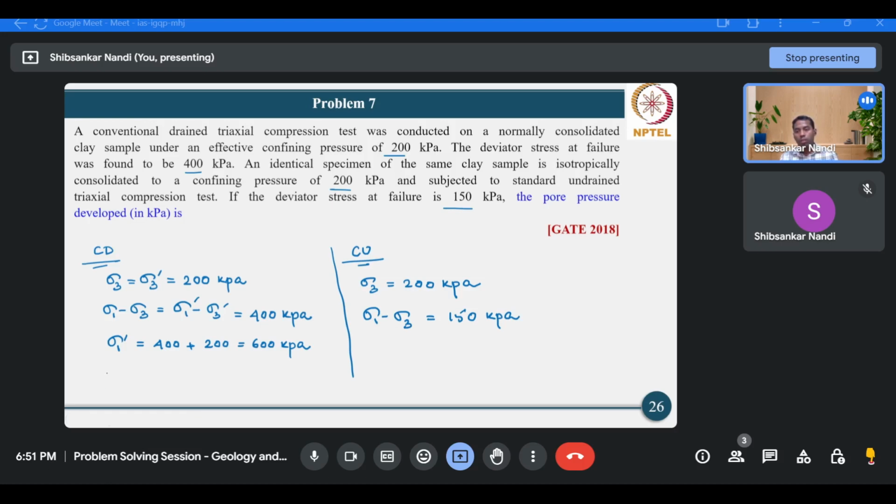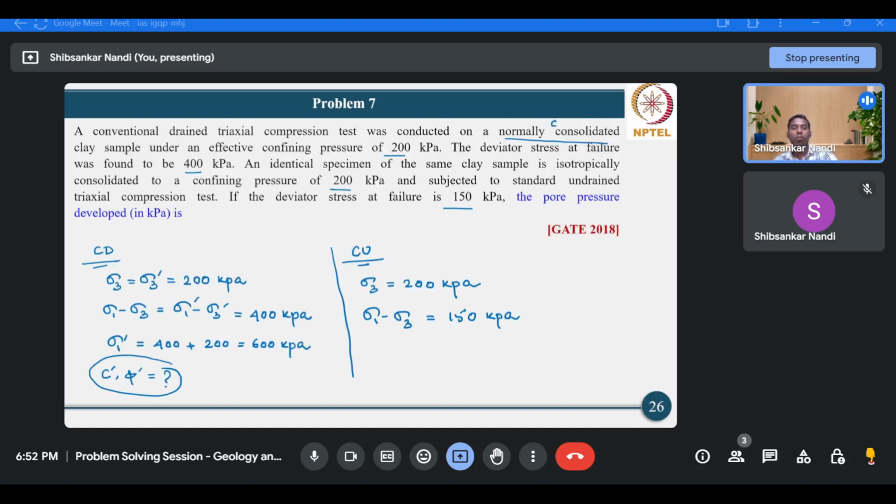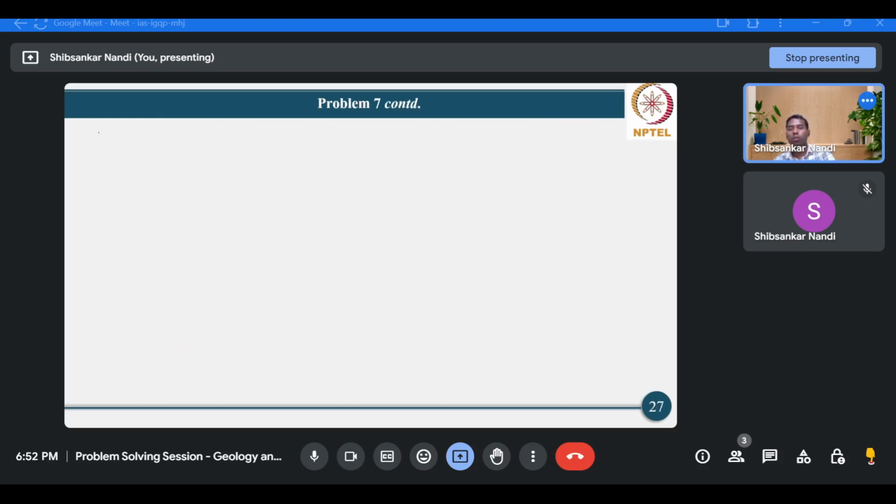So from the CD condition, we will first determine the c prime and phi prime values. As you can see, the sample which was tested was normally consolidated clay. So for normally consolidated clay, your c prime value, the cohesion, would be 0.